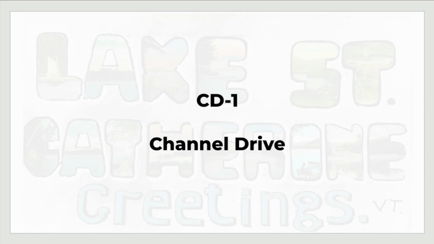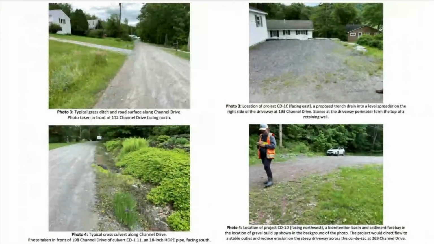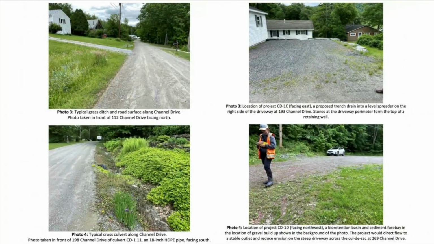Channel Drive. So we're continuing around the lake. Channel Drive, if any of you live there, you know there's a lot of runoff issues along it. There's, again, similar themes: steep slopes and runoff coming down the hillside. These are some pictures we took during our assessment.